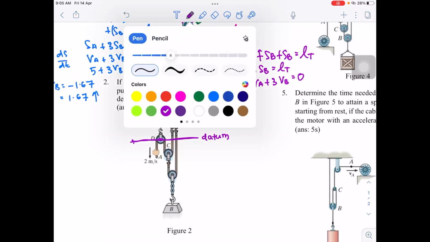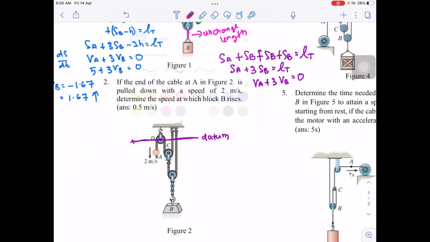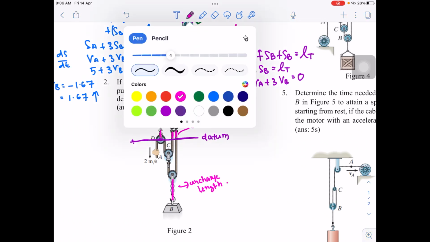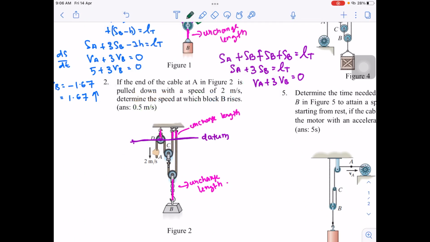So kita boleh identify change yang tak change, ini tak change, unchange, ini pun unchange. Yang pink ni semuanya unchange length. Right? Itu sama. Ini boleh abaikan. Kemudian kita label SA.